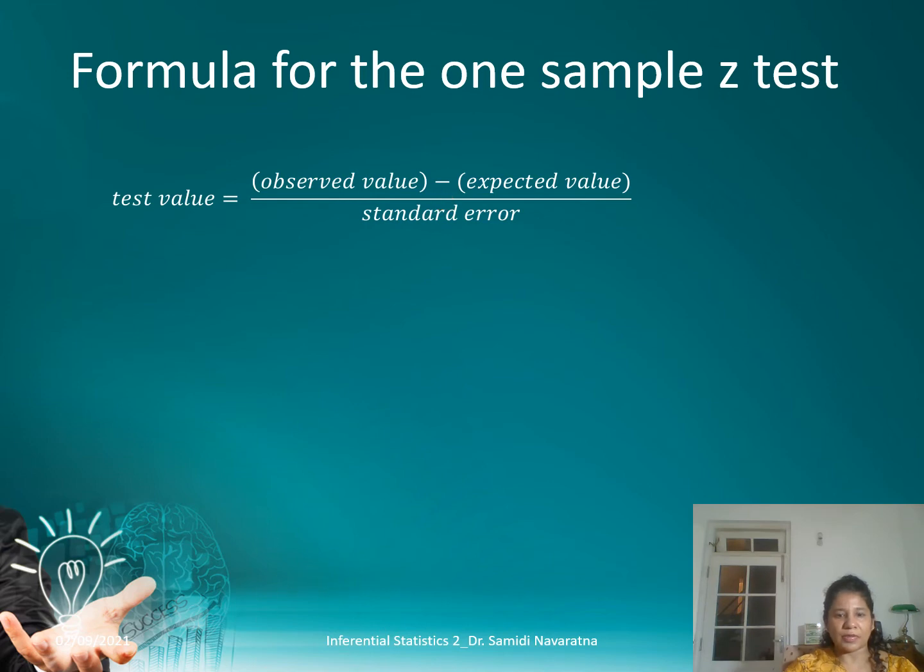So when it comes to the Z statistic, Z equals the observed value, which is the sample mean, minus the expected value, which is the population mean represented by mu, divided by the standard error.